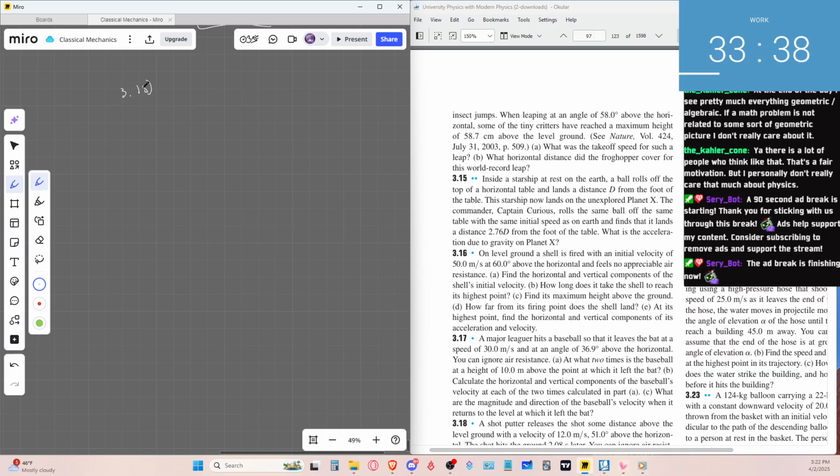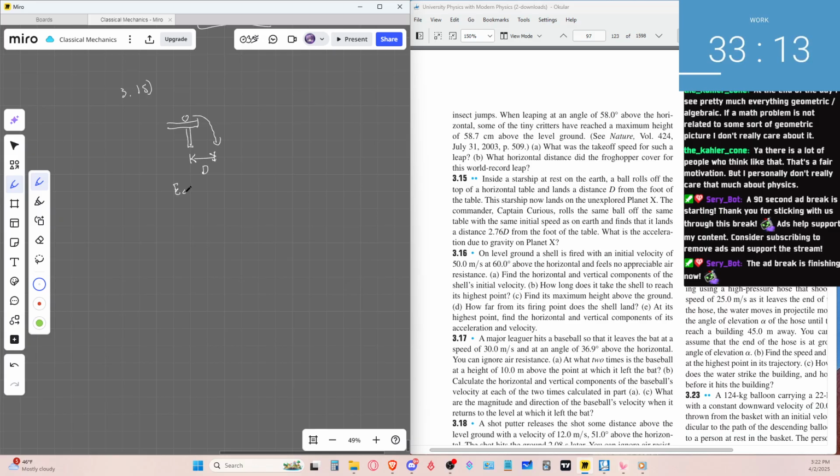Okay, so let's just draw the picture. We have a table, and then we have a ball, and it goes off the table. The ball rolls off the table and lands a distance d from the foot of the table.